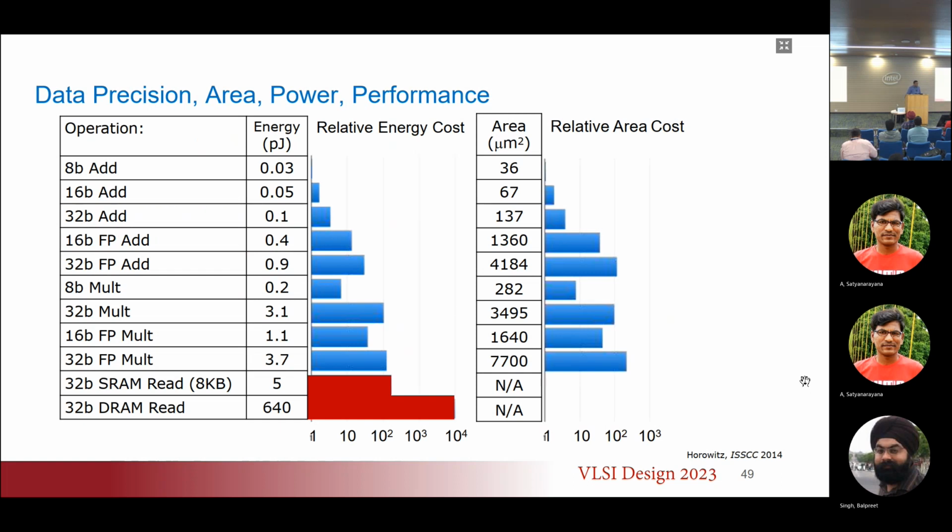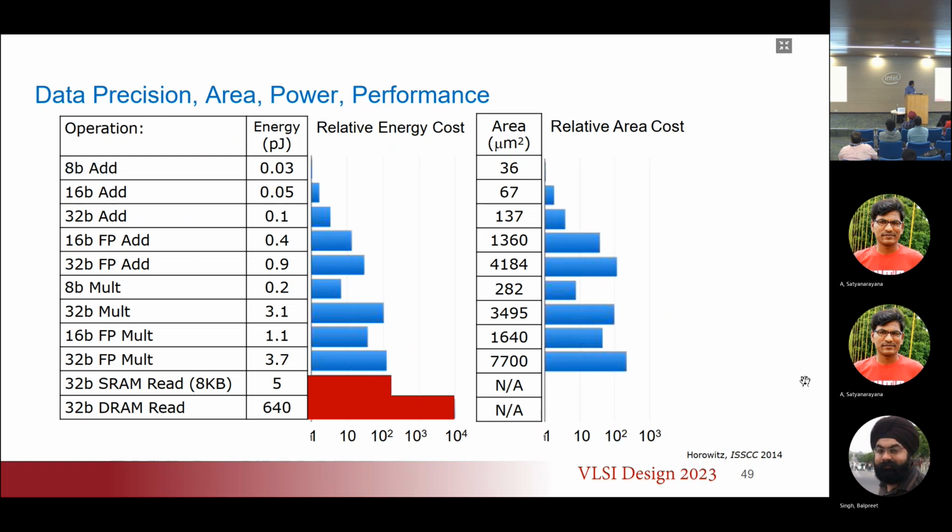So here is a very simplified view of the relative energy costs. This is for a very old technology, like 28 nanometer technology. These numbers will be different now for 3 nanometers, but the relative numbers are not different. The relative numbers are all the same.